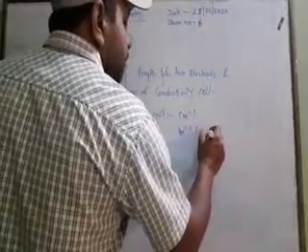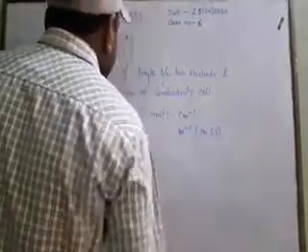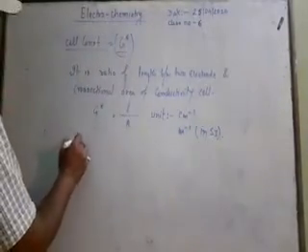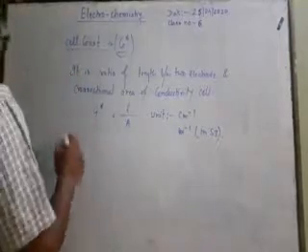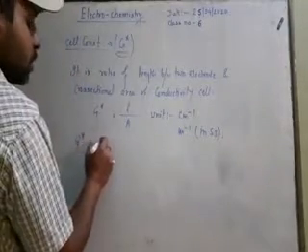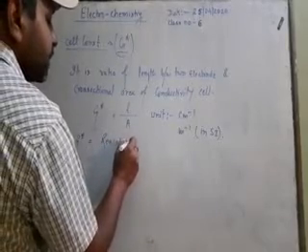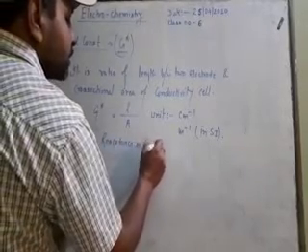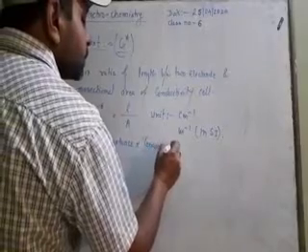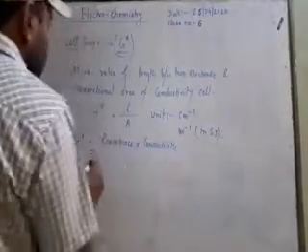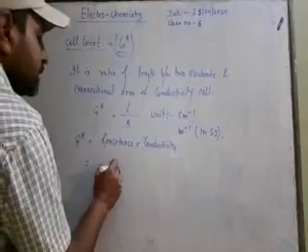Now students, cell constant is also related to resistance into conductivity. Students, resistance is R and conductivity is kappa.